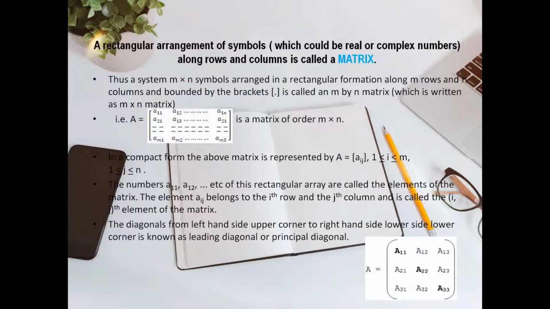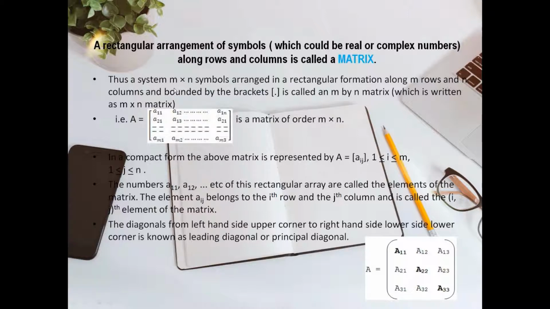Okay, now this is the actual representation of a matrix. There are three rows and three columns in this matrix, and here m rows and n columns. Basically, the horizontal ones are the rows and the vertical ones are the columns. Okay.